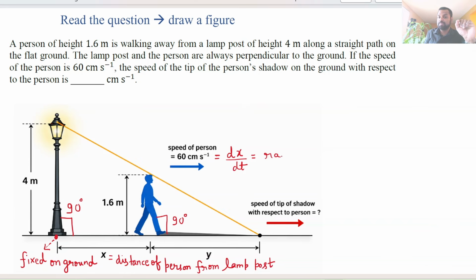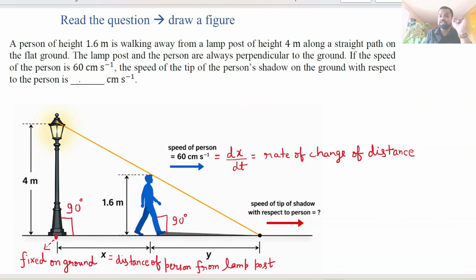Rate of change of distance. That is your speed, dx by dt.